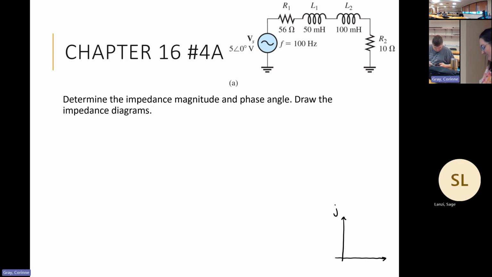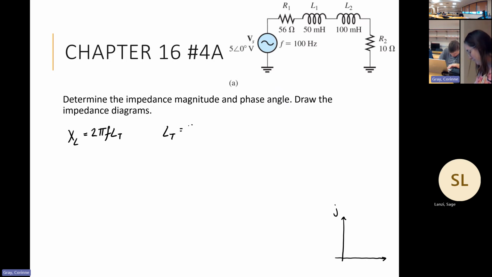Okay, so that's going to be XL equals 2 pi FL. What would I use for L here? 150 millihenry, so it should be the total value. Because these are in series, similar to resistors, we just add the values together.